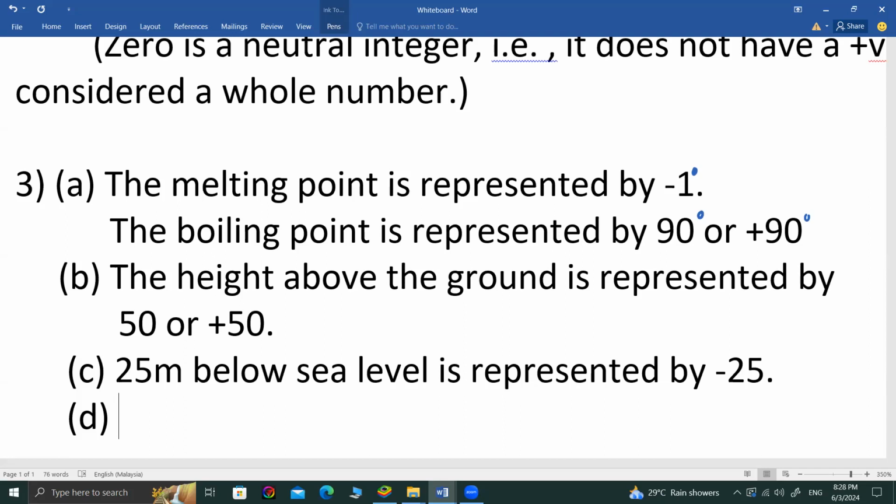The price of share P is represented by what? The price of share Q is represented by what? In the explanation, you tell the price of share P is represented by, the price of share Q is represented by. If positive, you can write two ways, one with plus, one without plus.